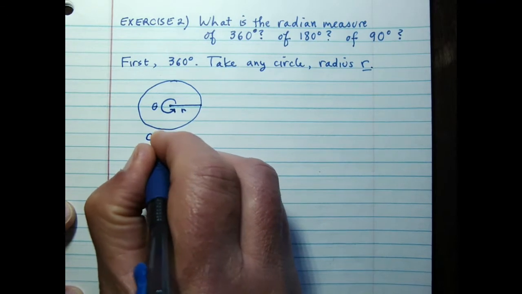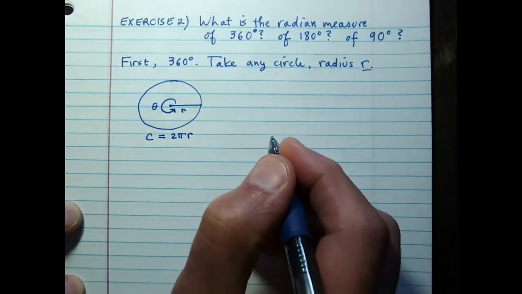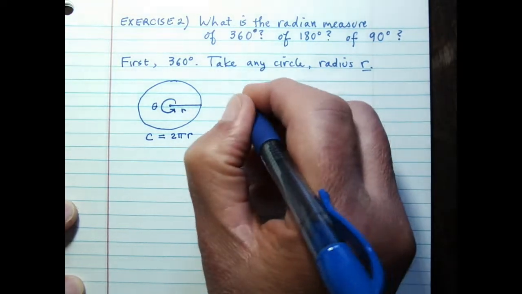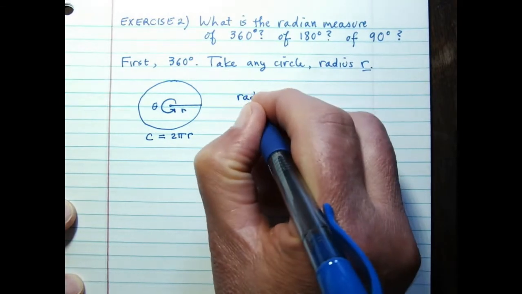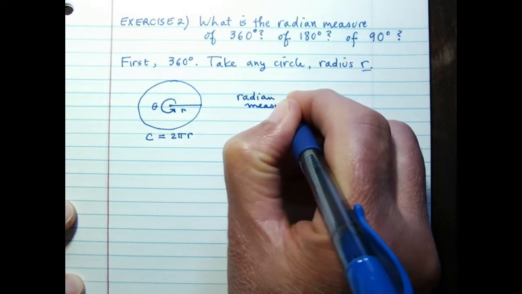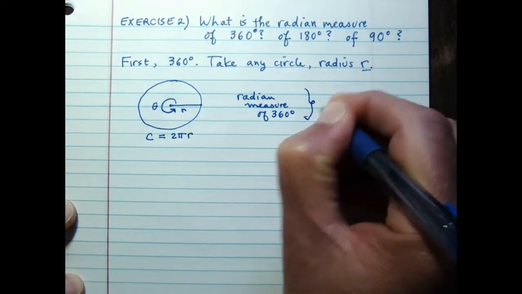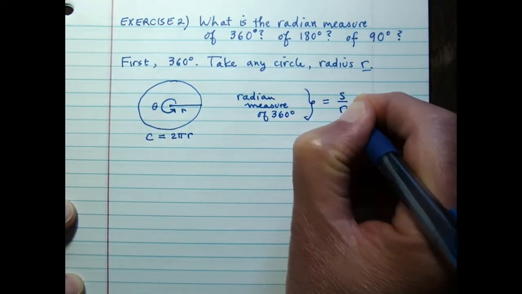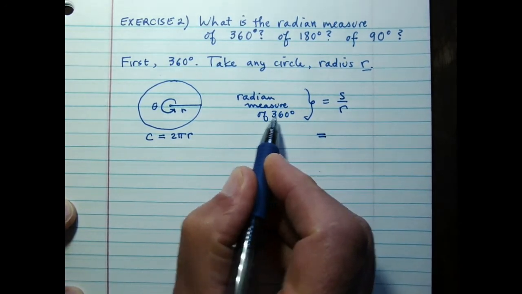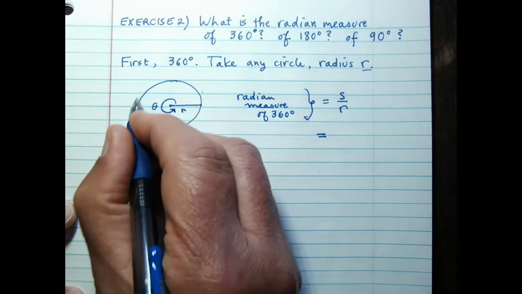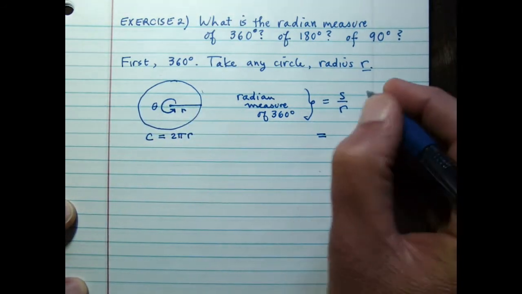The circumference is 2 pi r. And the radian measure of 360 degrees is s over r. But for 360, the arc length that corresponds to one full rotation is the circumference.